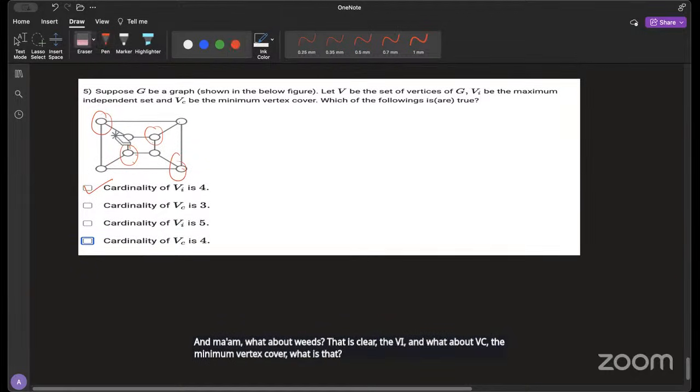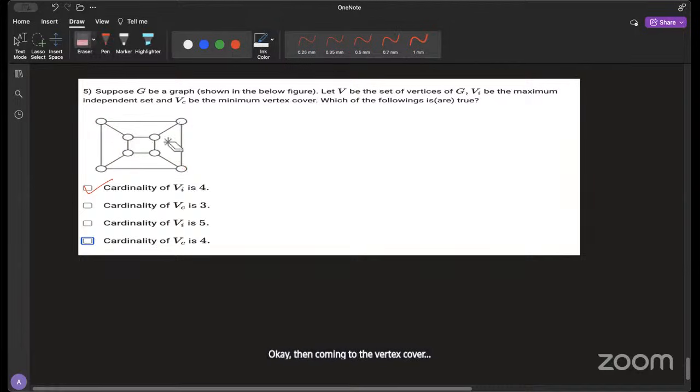Coming to the vertex cover, you need one vertex from every edge, right? So if you start from here, if you take this one, this edge and this edge are covered. These edges are covered. Then if you take this one, these 3 are covered. And what's left? These 2 are left. So you'll have to take this one.